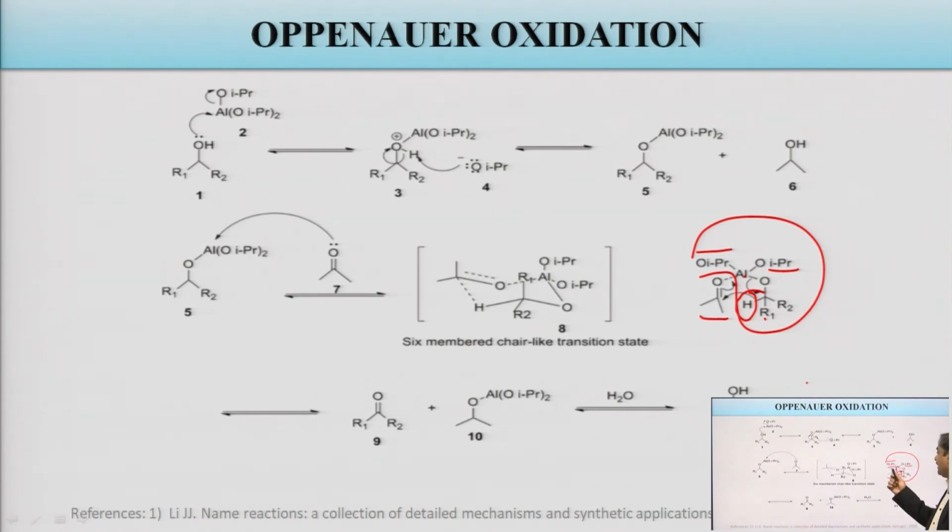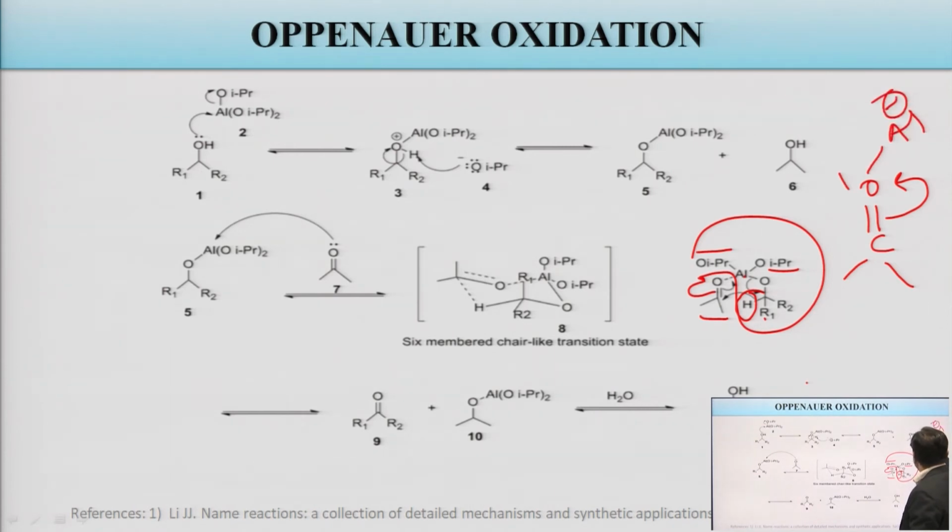It is possible because when this oxygen becomes positively charged, here you can see, I will show you like this, this is the acetone. So as it formed a bond with aluminum here, it becomes negative charge, it becomes positive charge. At that time these electrons will be moved towards here, this carbon becomes positive charge. At that time this hydrogen attacks here, meaning hydride ion transfer is taking place from one carbon to another carbon, from the carbon of the alcohol to the carbon of the acetone.